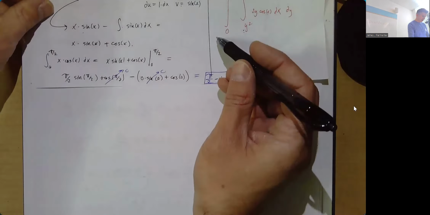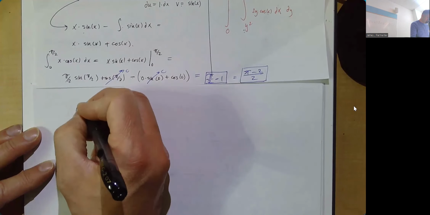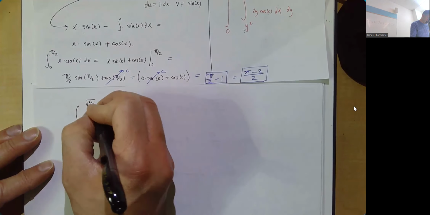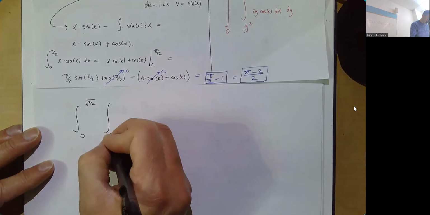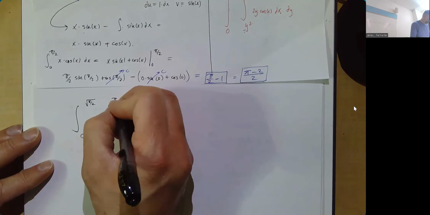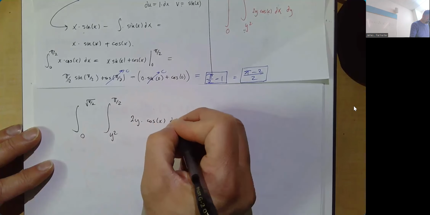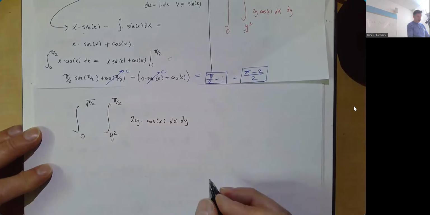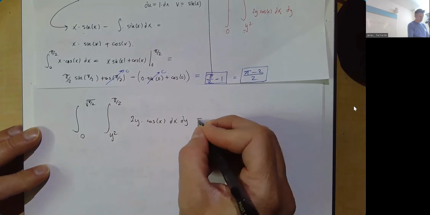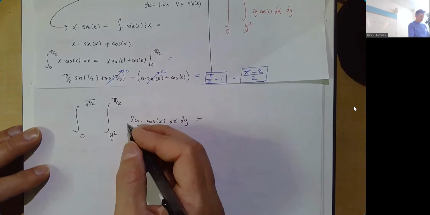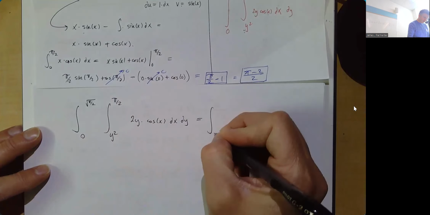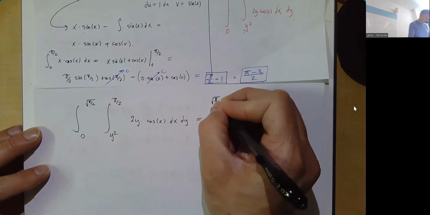So if we try doing it this way, the integral from 0 to the square root of pi over 2, integral from y squared to pi over 2, 2y times cosine of x dx dy. Now if we're integrating with respect to x, the 2y is a constant that's going to hang out. We're going to get the integral from 0 to the square root of pi over 2.